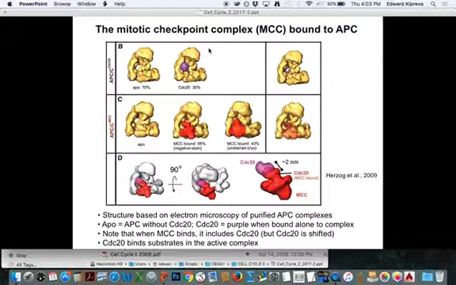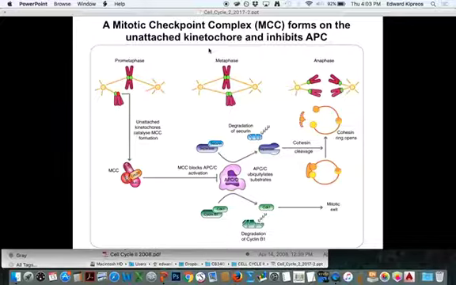And then another one comes in and inhibits it, and it gets ubiquitinated and degraded, okay? So as soon as you stop making this MCC complex, APC is going to ubiquitinate the one that's on it and degrade it. It's constantly ubiquitinating and degrading it, and a new one comes on to bind it. So that's how it gets rid of it. That's why once you satisfy this one, once it gets attached, you stop making this complex. Well, the one that was there just gets ubiquitinated and degraded, okay? So it's relatively quick that it'll overcome that inhibition.